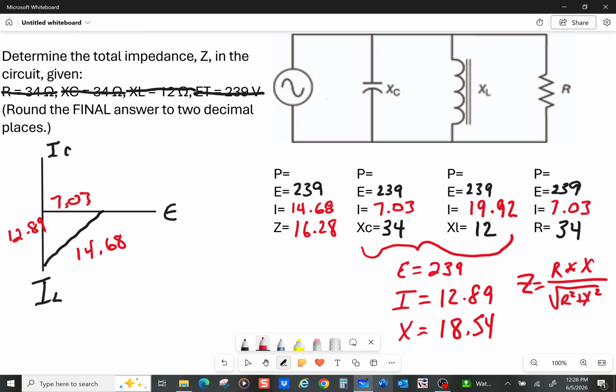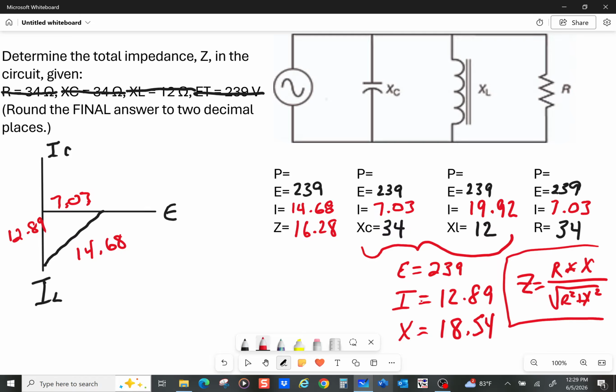So I can take that 34 times that X value, 18.54, and divide it by the square root of 34 squared plus 18.54 squared. And that gives me an impedance value of 16.28 ohms. So we could do it that way, or the other way, and we're still going to end up here.